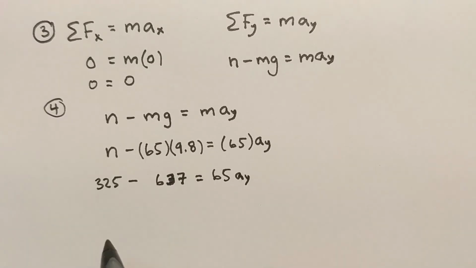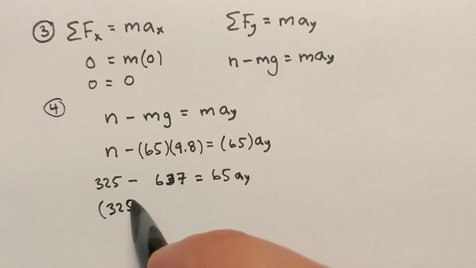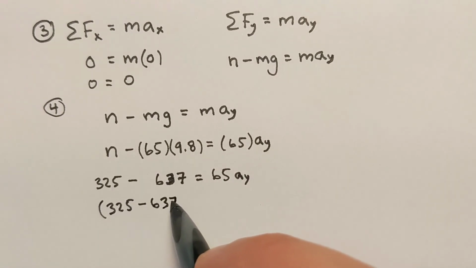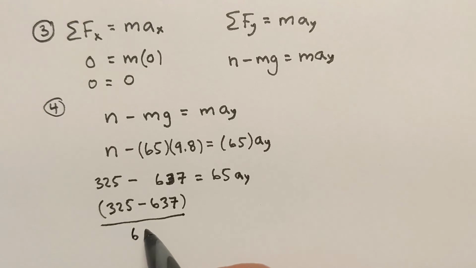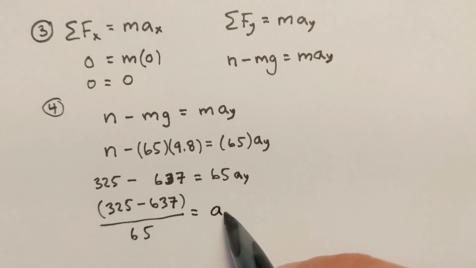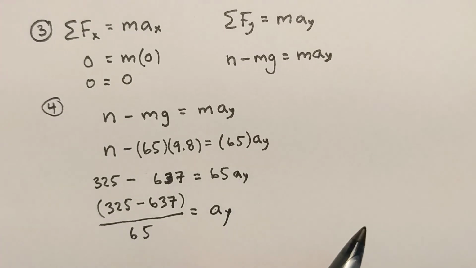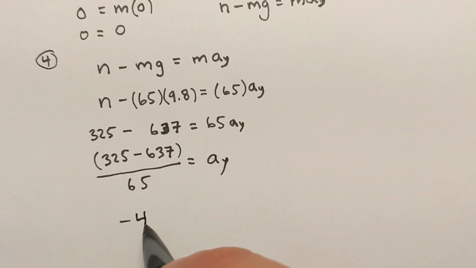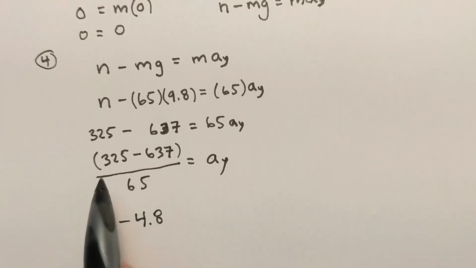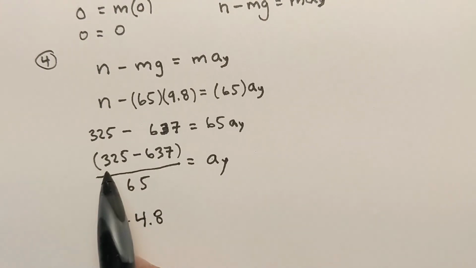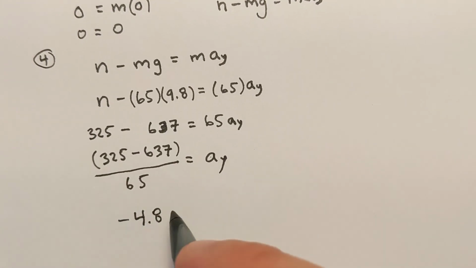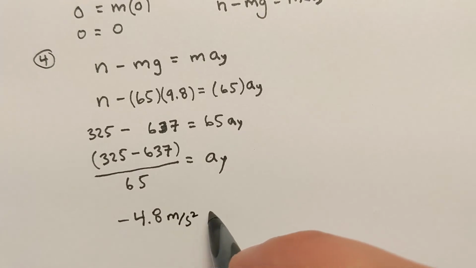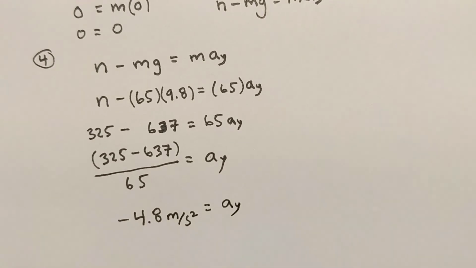So 325 minus 637 divided by 65 is going to be equal to our acceleration in the y direction. So this comes out to negative 4.8. Go ahead and put that in the calculator and check. This comes out to negative 4.8 meters per second squared, which is the acceleration in the y direction.